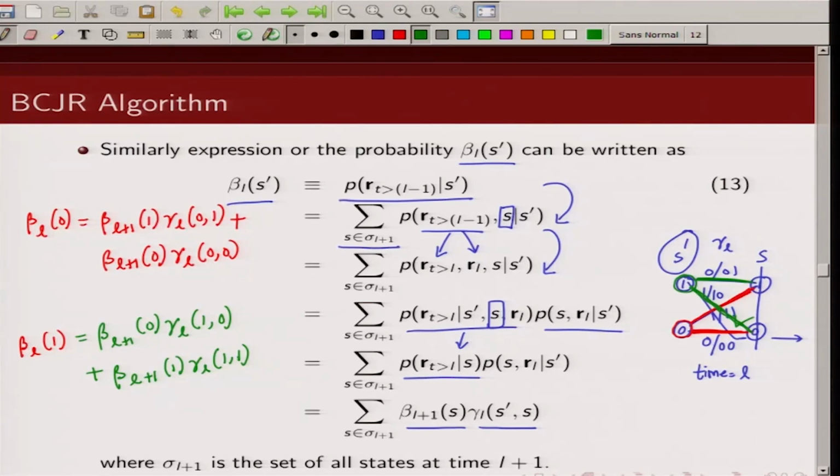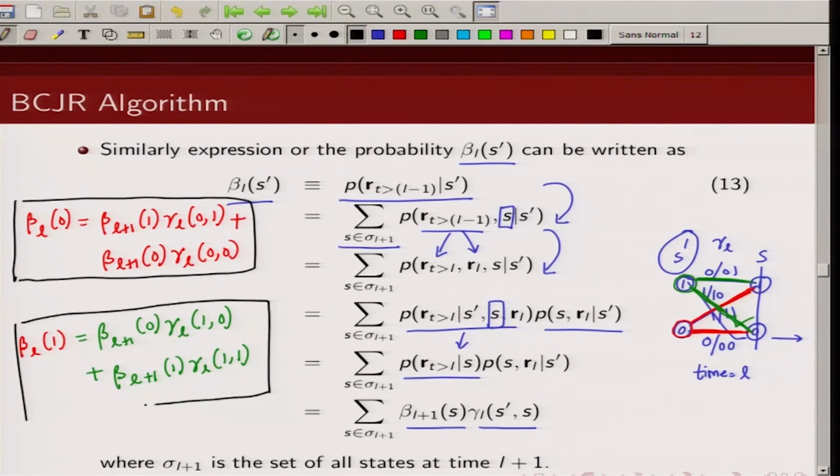So, as you can see, similar to the expression for alphas, alphas can be computed using forward recursion and similarly betas can be computed using backward recursion. Then we would require the knowledge of beta at the end of the trellis.